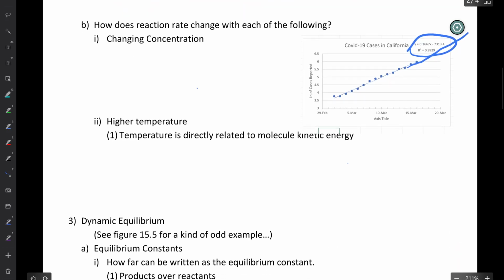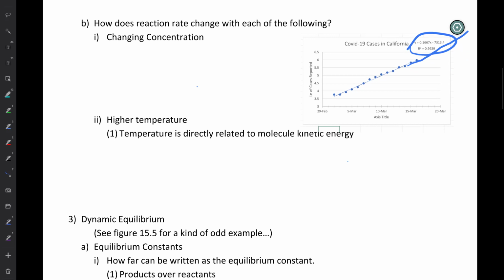The other thing that affects the rate of the reaction is changing concentration. And I think since we're on this topic of spreading of disease and viruses, one of the things that I should point out is this makes a lot of sense, that changing the concentration of the reaction can really have a big effect on the rate of a reaction.